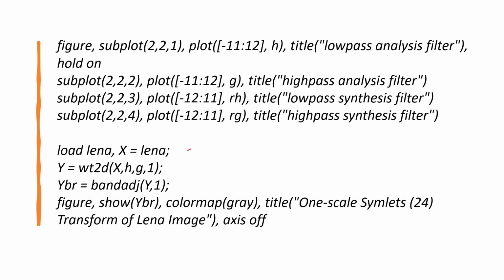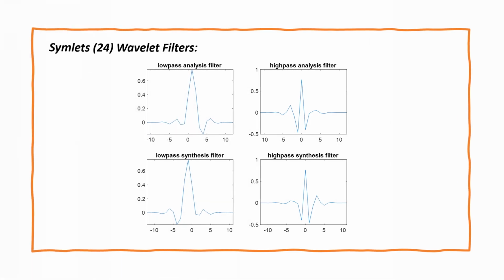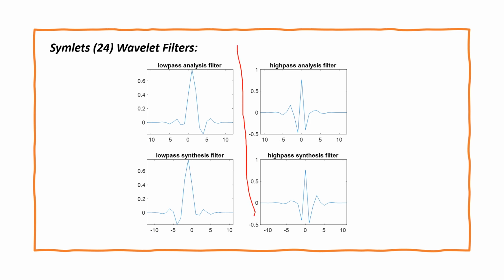So first, we are going to plot all these four functions. Later we are going to load our Lena image, after which we are going to calculate the 2D discrete wavelet transform using this function. So here we have the four components.